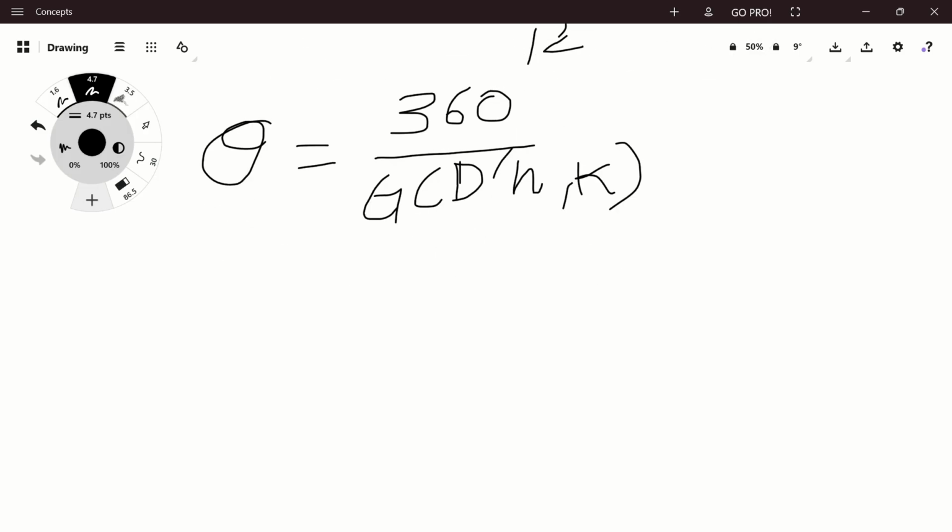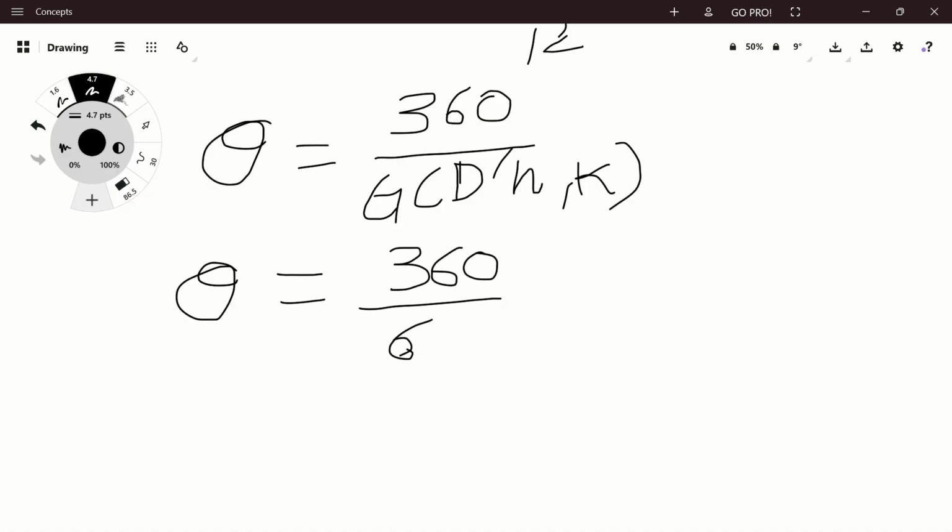For n is 12 and k is 6, the GCD is 6. Hence, theta will be equal to 360 upon 6, which is equal to 60.